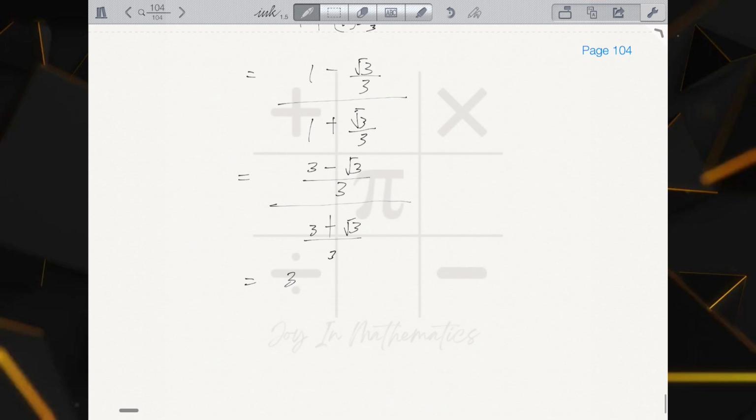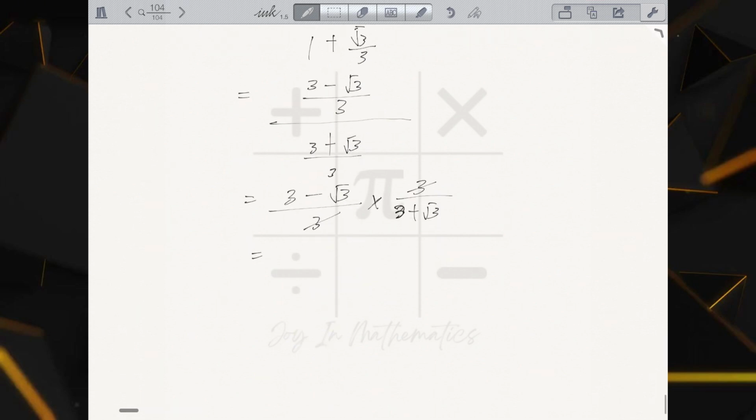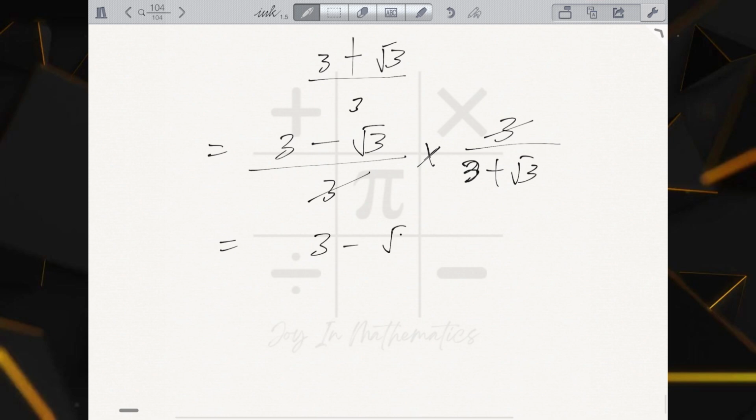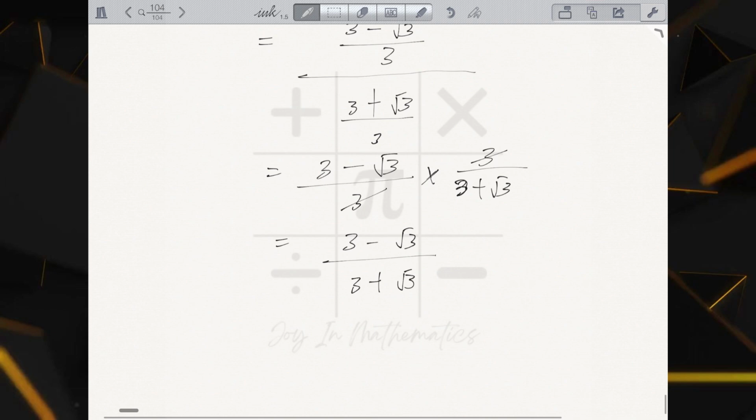We are saying that this is equivalent to 3 minus root 3 divided by 3, multiplied by 3 divided by 3 plus root 3. Then 3 will cancel 3 and we'll be left with 3 minus root 3 divided by 3 plus root 3. And this is an expression for tan 15 degrees.